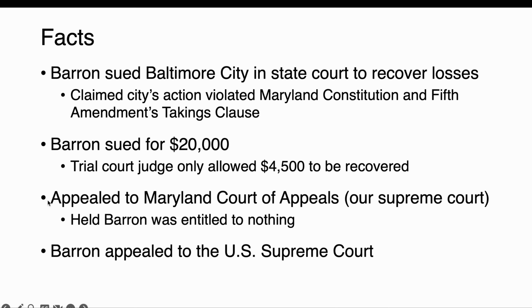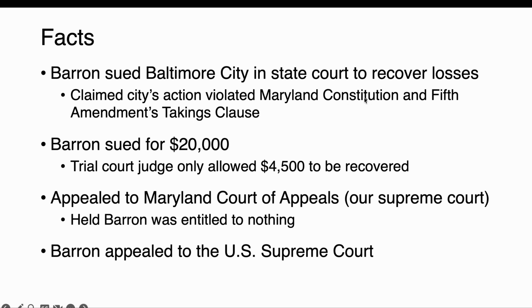The U.S. Supreme Court can't determine whether or not his rights were violated under the Maryland Constitution because the U.S. Supreme Court is not tasked with judging state laws or state constitutions.